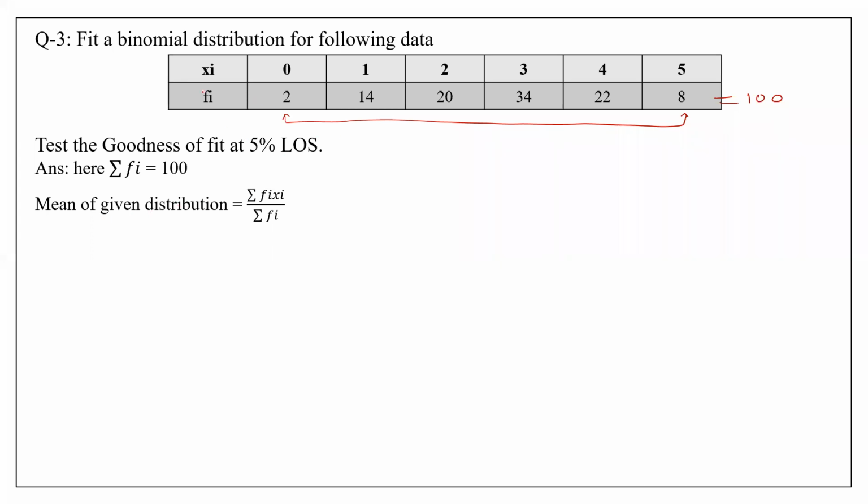You know the general formula, Fi xi divided by summation Fi: 2 into 0 divided by 100 plus 1 into 14 divided by 100, and so on. So when you calculate the mean, I will get 284 by 100. This will be 2 into 0 plus 1 into 14 plus 2 into 20 plus and so on.